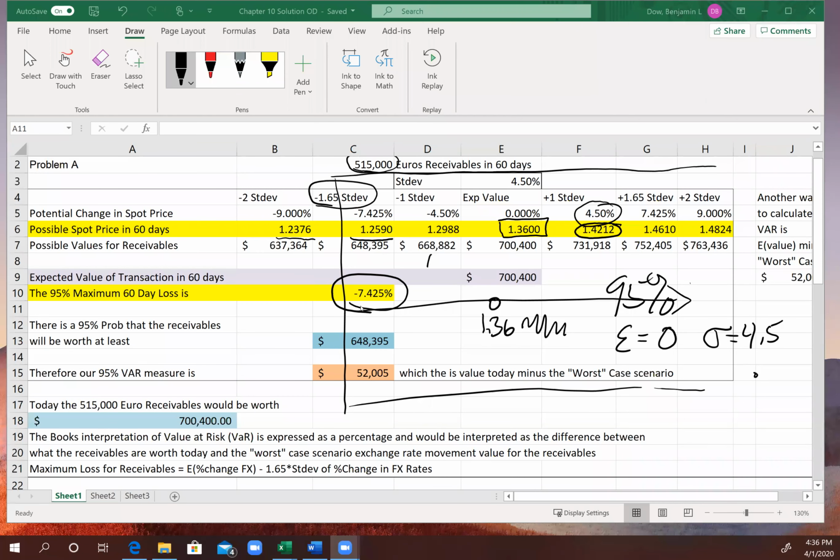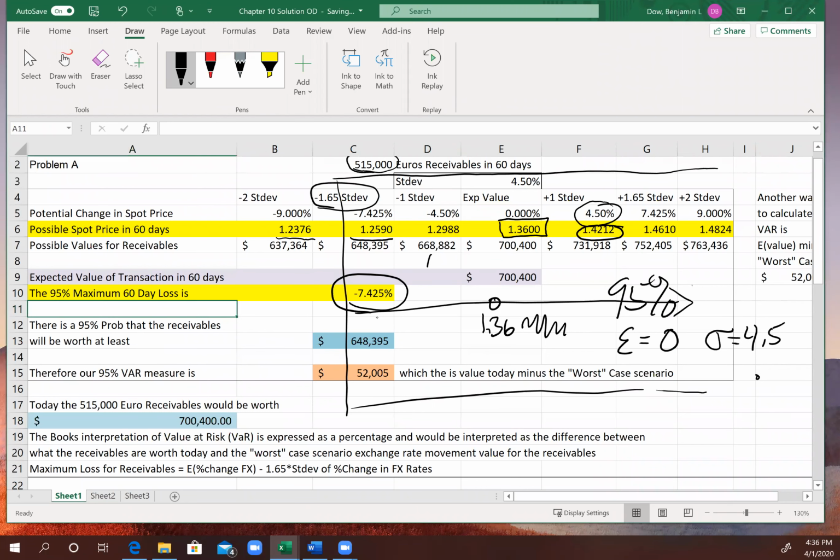If you can get this negative 7.425%, that's really the most important thing. That's sort of like your maximum loss. Basically, the most you can lose with 95% certainty is 7.425%.